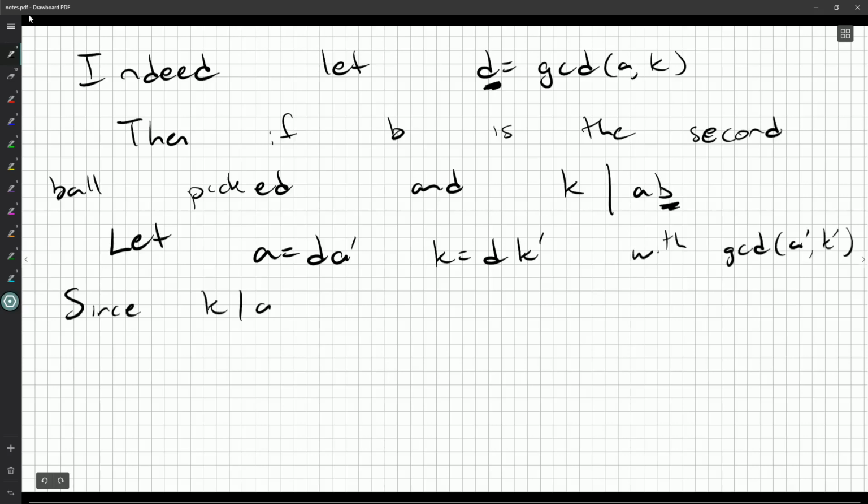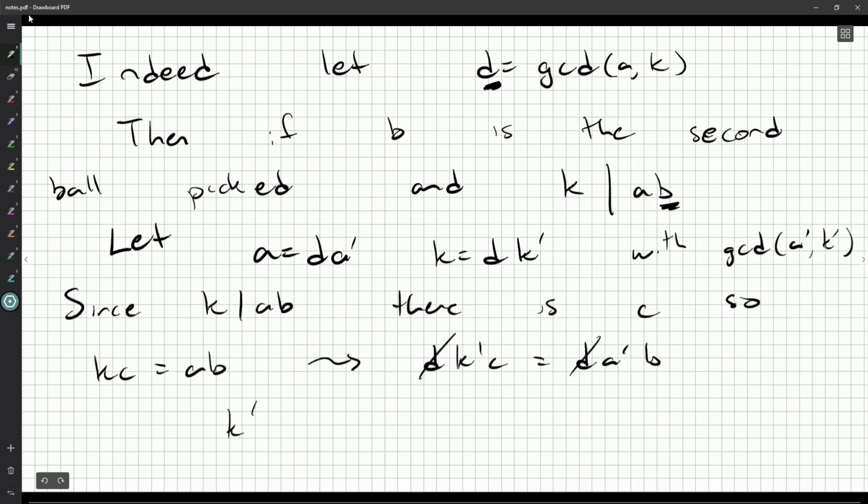Since K divides AB, there is C so that KC is equal to AB. So K' divides A'B, and therefore K' divides B, since the GCD of A' and K' is equal to 1.